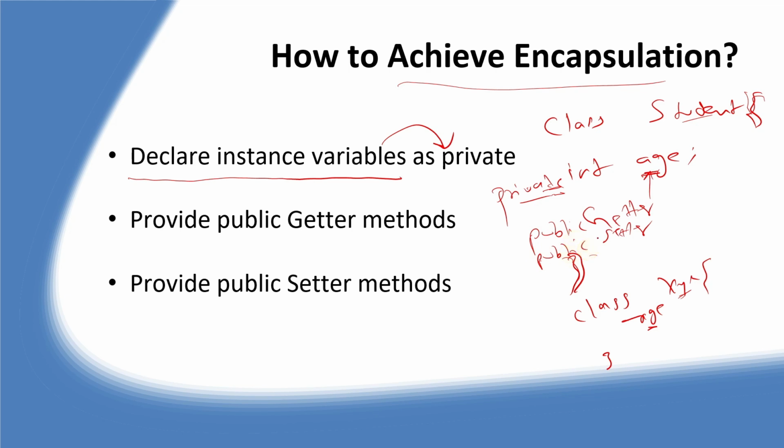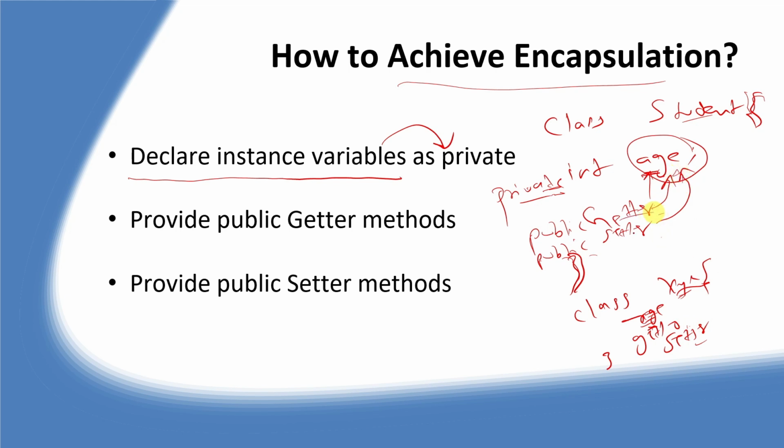Public means it can be called from anywhere. So from the XYZ class, we cannot directly invoke age. We will call the getter and setter methods, and these methods will manipulate the instance variable. So we are not calling age directly; the getter and setter are using this variable.